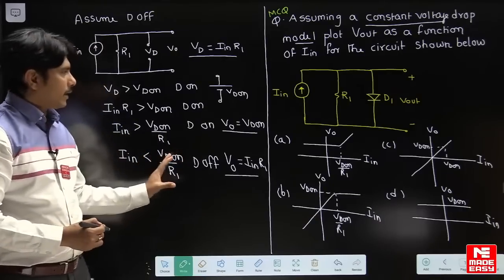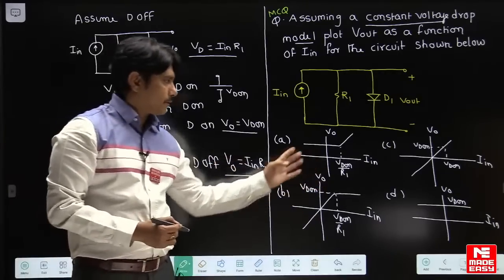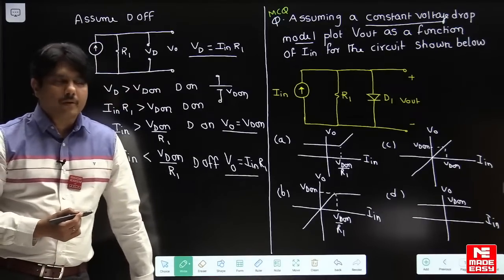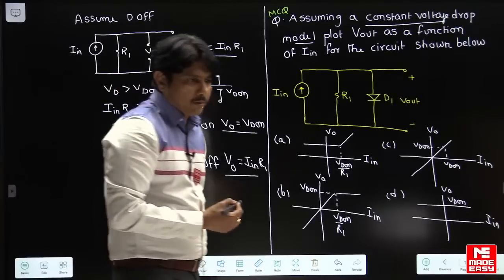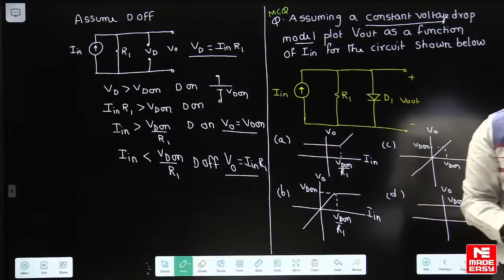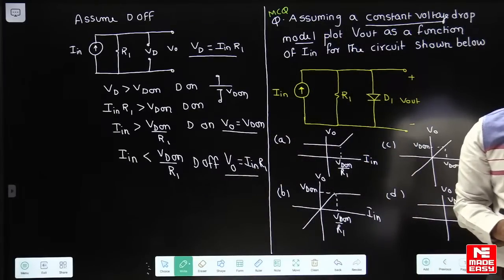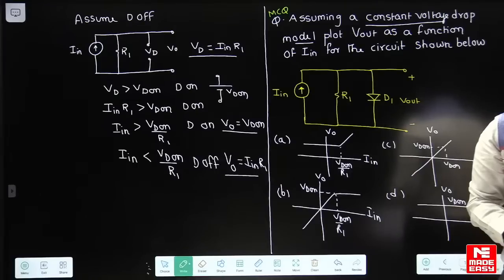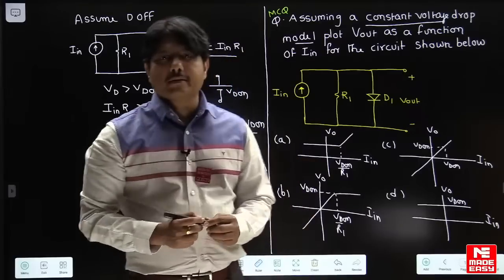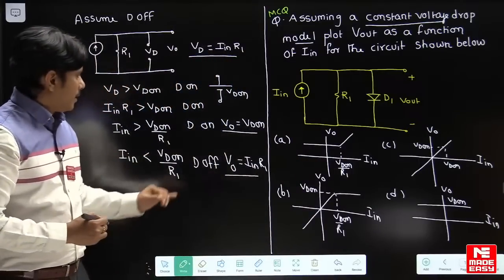By these two conditions, you can see there are 4 options here, and you can understand which will be the best answer. I will see your chat box. How many have written the correct answer? Monu, you said A, Nikhil C, Ishwar A. Some people are telling A, some people are telling C. Let's see the answer.